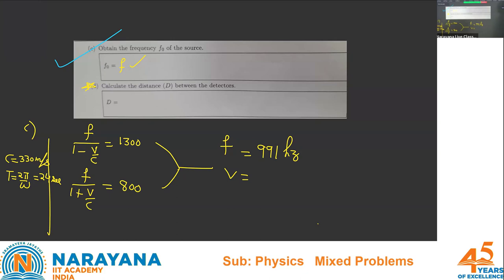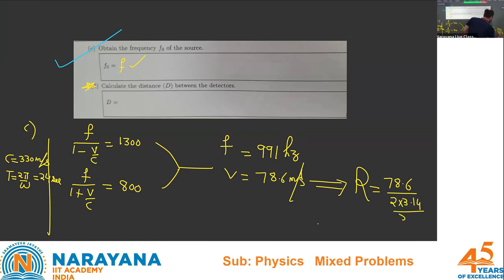And from this you can even calculate your V, and that will help you, because V calculated from here comes out as 78.6. Solving these equations, you'll get your V also, and this V will help you calculate the radius of the circle. That comes out as 78.6 divided by omega, and that omega is 2 pi by time period, so 2 into 3.14 upon 24.